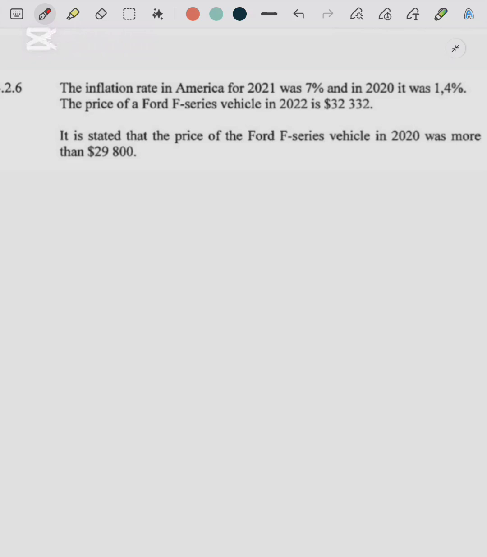To get to this value, they would have taken the 2021 price and multiplied it by 1,07. The 1 is because I want to include the price, and the 0.07 is the 7%. So in this case, I need to do the opposite. It gave me 32,332, so I need to go 32,332 divided by 1,07.